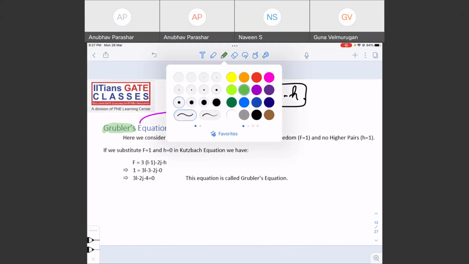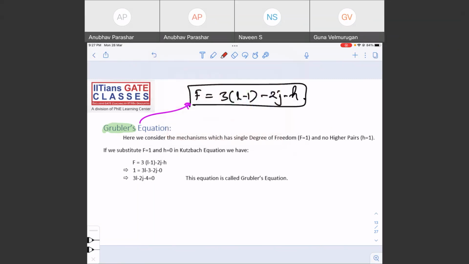He said that all the mechanisms we are looking at in this chapter should have a single degree of freedom. Why? We want single degree of freedom.